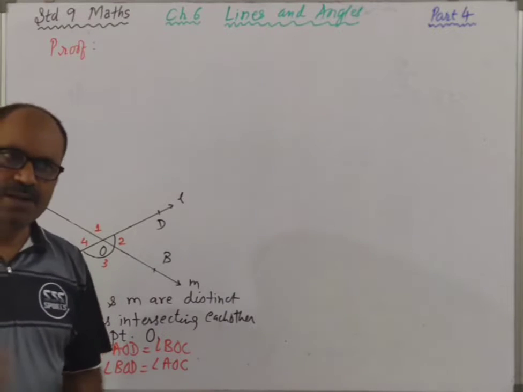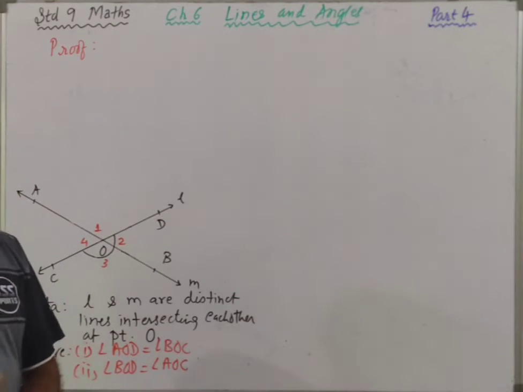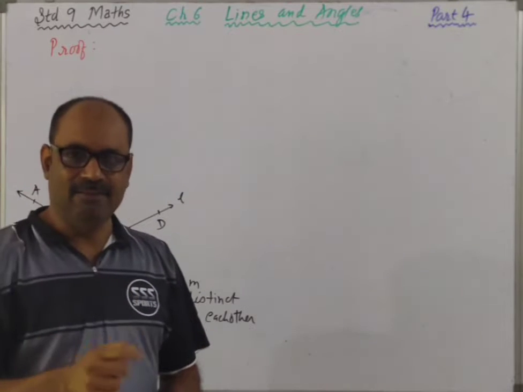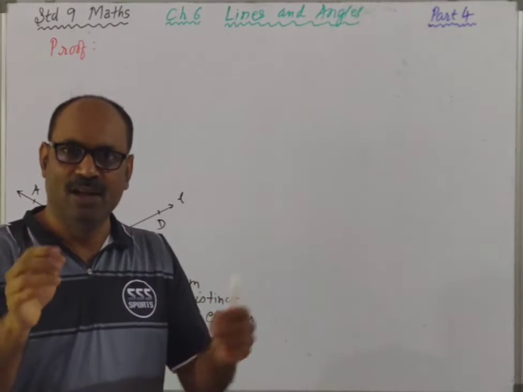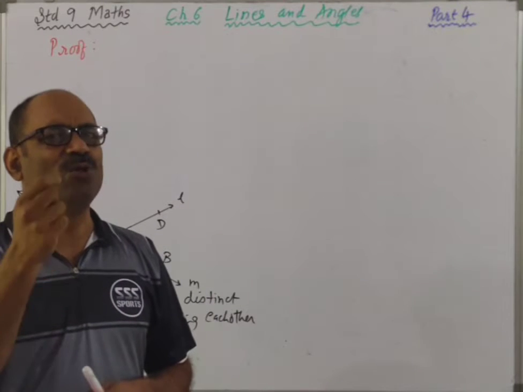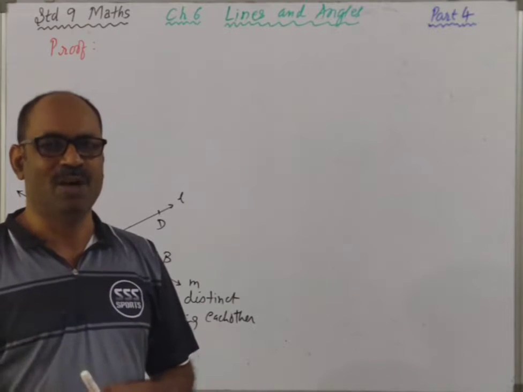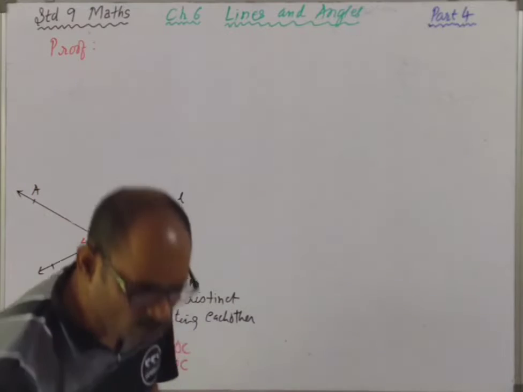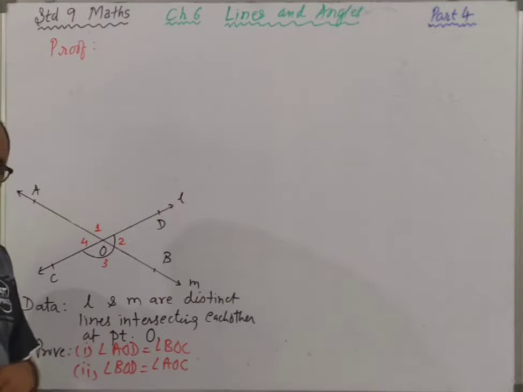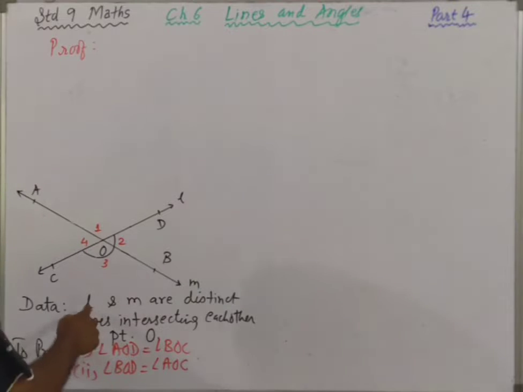Children, where do we start? How to start? Think a little and you will find the way. But how do you think, even a little? From where to think? Of course, think from the data and from what we have to prove. What is the data?